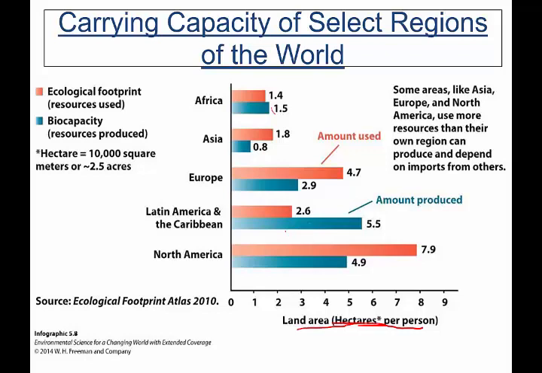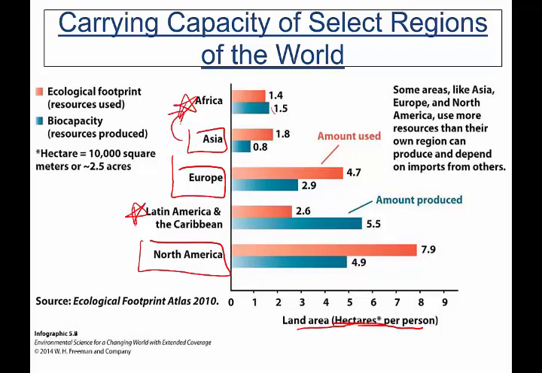This is something to keep in mind, because you would think that Africa and Latin America and the Caribbean are going to be fine. Even if their population increases, they still have plenty of resources. But keep in mind that these other countries are exceeding their own carrying capacity by taking resources from other countries and from other people.